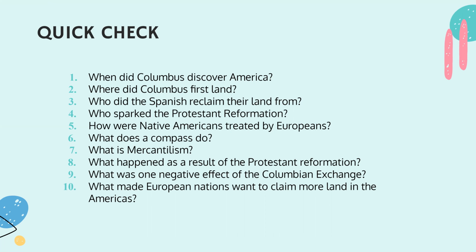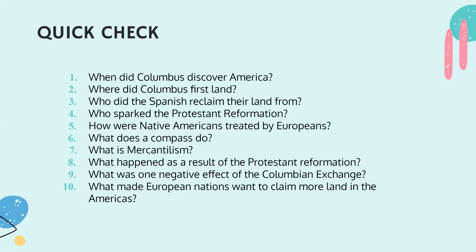Number 6, what does a compass do? A compass connects to the Earth's magnetic field, and it can give directions to north, east, west, and south. 7, what is mercantilism? Mercantilism is the belief that there's only a certain amount of wealth in the world. 8, what happened as a result of the Protestant Reformation? We see the Counter-Reformation movement.